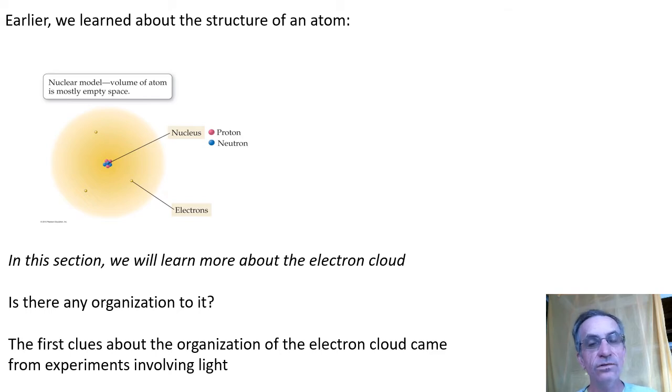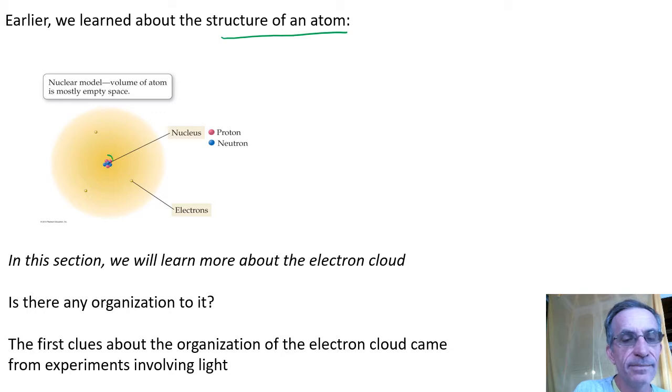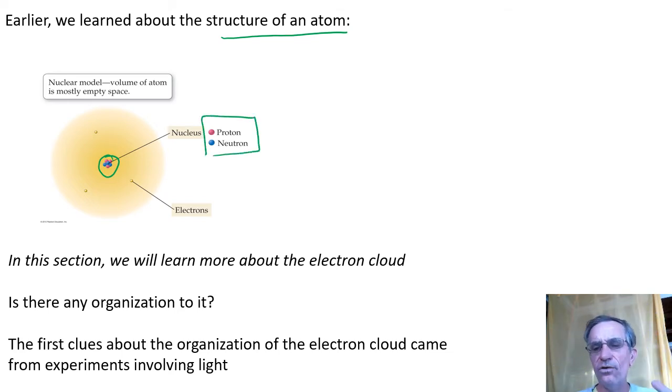Earlier in the semester, a few weeks ago, we talked about the structure of an atom. We're going to get into more details about that in this chapter. Let me remind you, the atom has two regions. The middle part is the nucleus, where your protons and neutrons live. Then there's the outer area, where the electrons are.